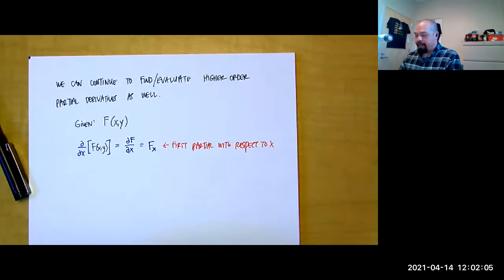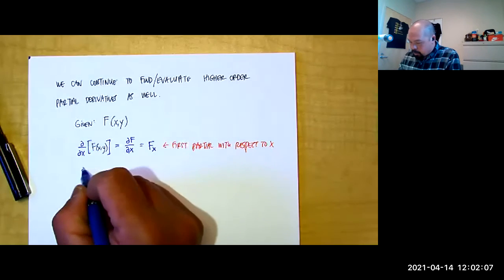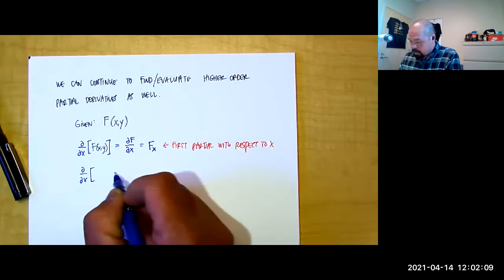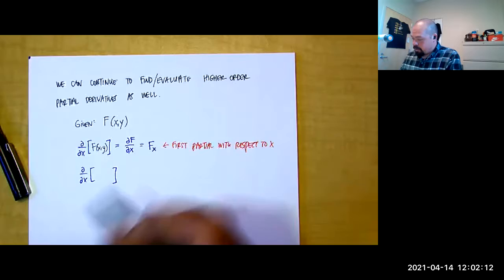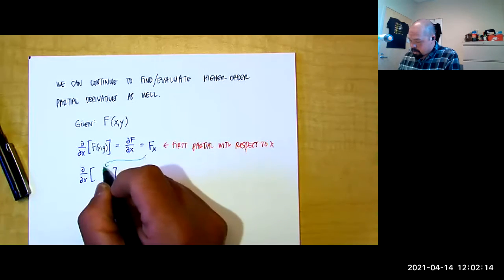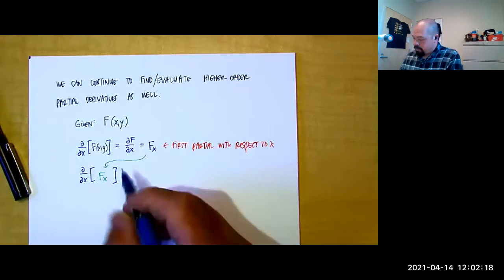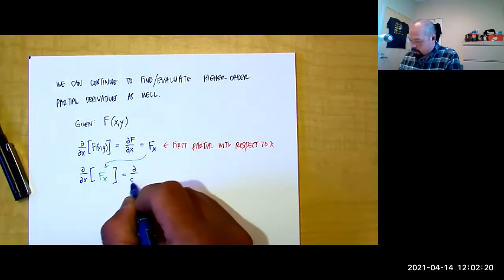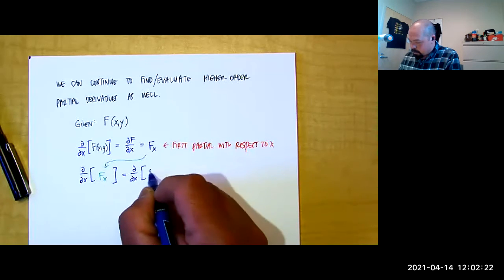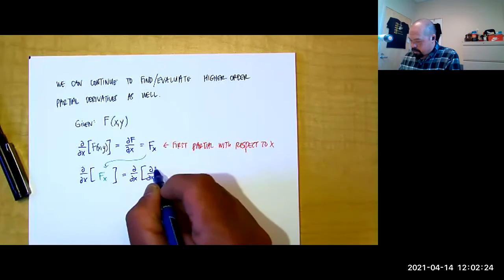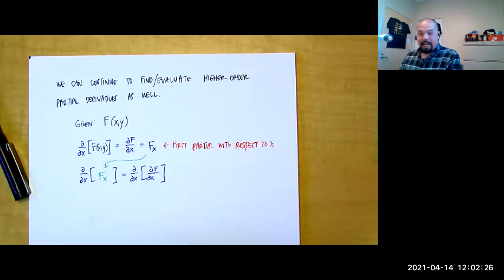But just like we would have done back in 20a, we can take the partial of that partial derivative, right? Or here, the partial derivative of the partial derivative of f with respect to x.